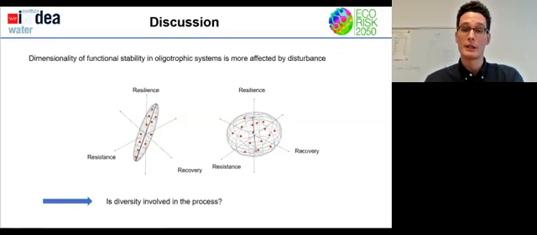We argue that measuring stability, functional stability, using ecosystem processes as a common currency, and when I say ecosystem processes, I mean organic matter degradation, nutrients uptake, net ecosystem productivity, instead of biomass, may lead to results very different from ours.